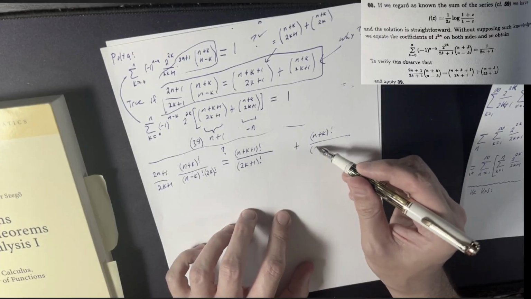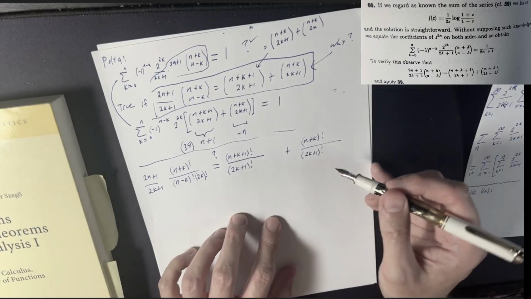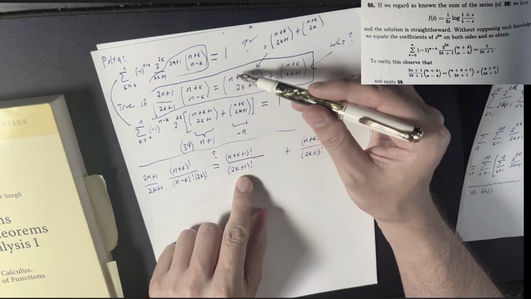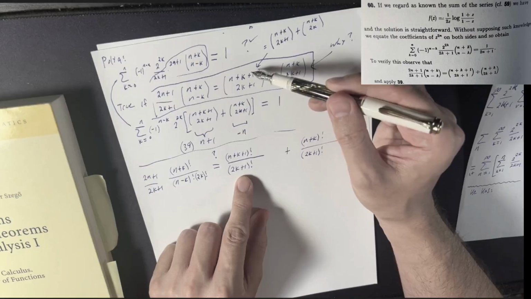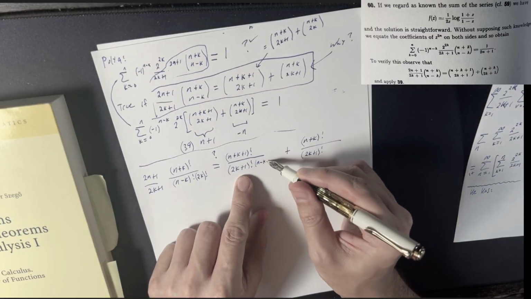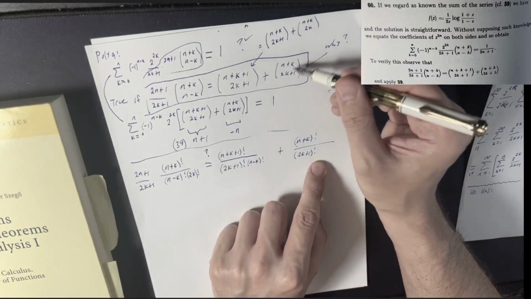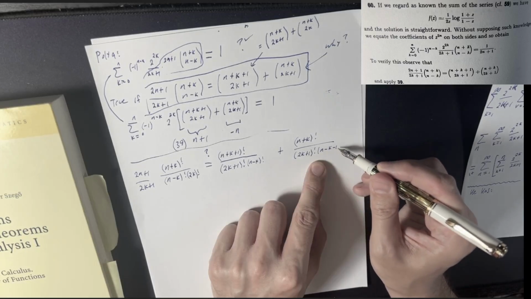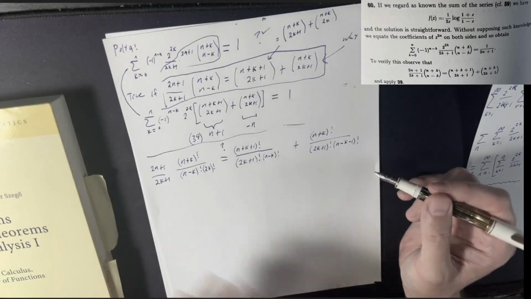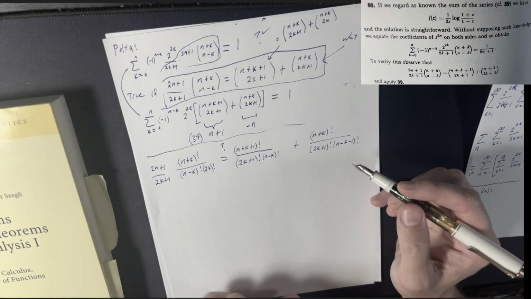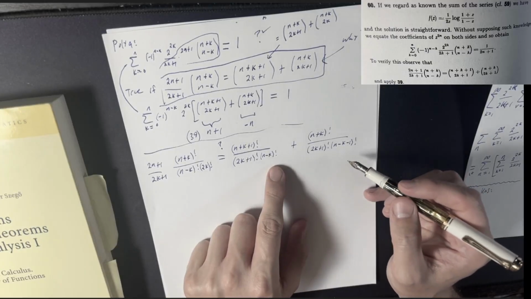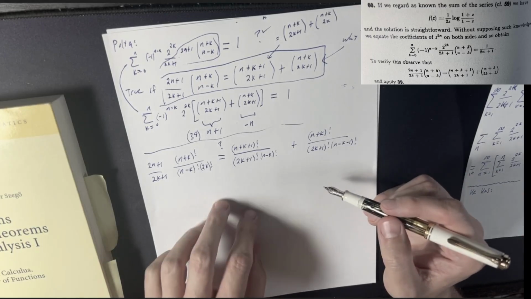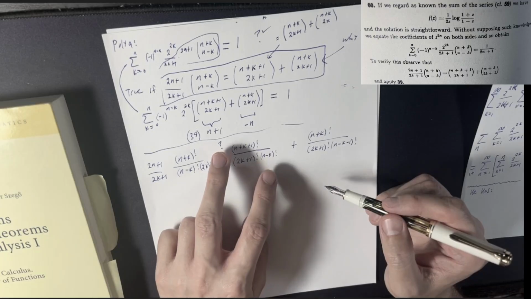So you do get slightly different terms over here. But here we get top minus bottom is n minus k, and then here, top minus bottom is n minus k minus 1. So to add these, this guy's got 2 extra terms, right?